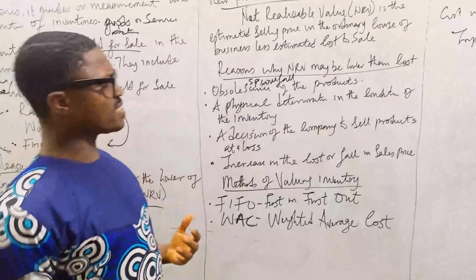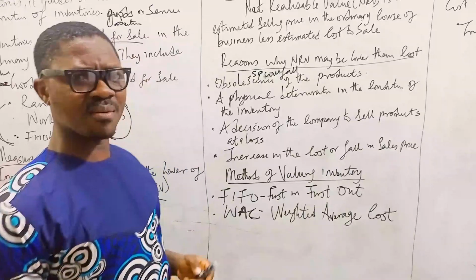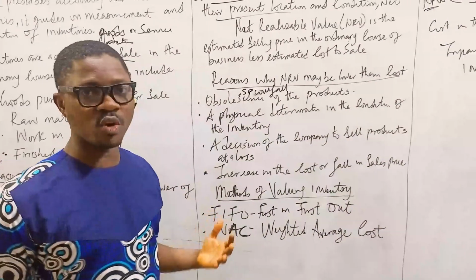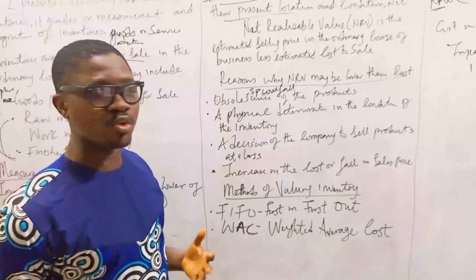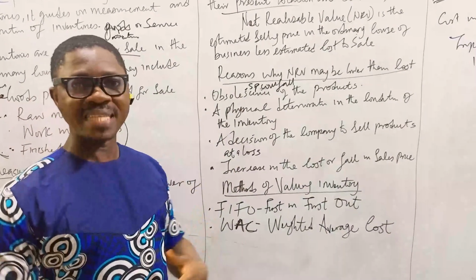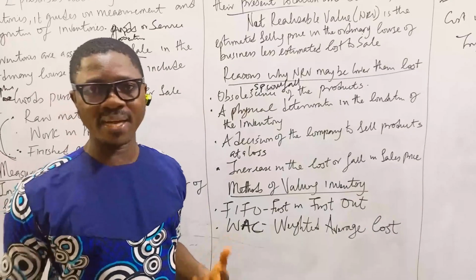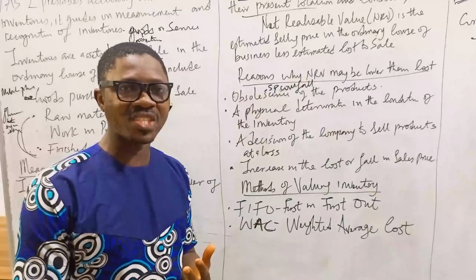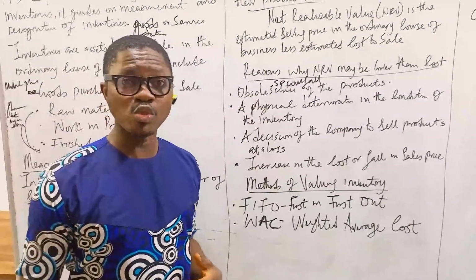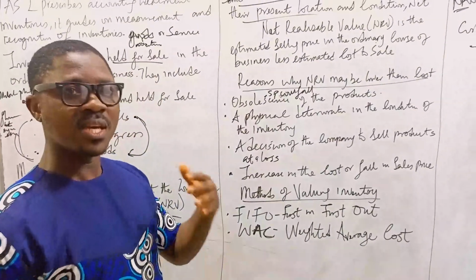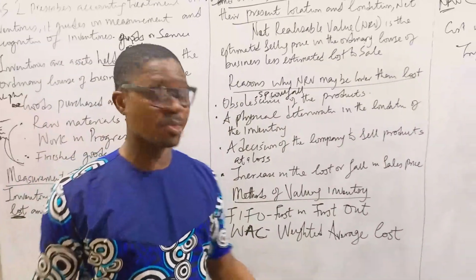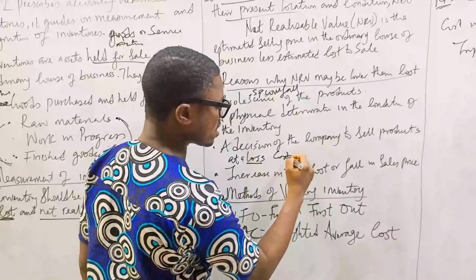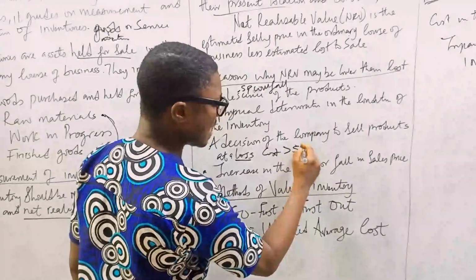Another situation where NRV may be less than cost is when the management of the company decides to sell the product at a loss, and the idea behind this is just for marketing. They can decide to sell either because they want to expand their market share, or they are doing promotion. So at that point, selling price may go lower, because once they are selling at a loss, that simply means that the cost is already greater than the selling price.